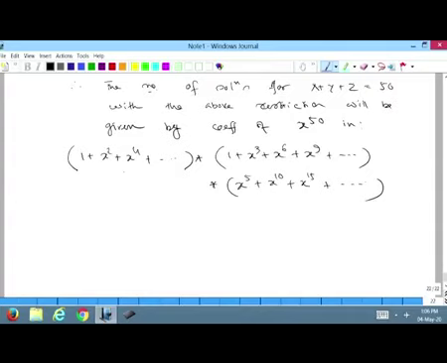If we multiply these three power series and obtain the coefficient of x to the power 50, that is going to be the solution to this problem.